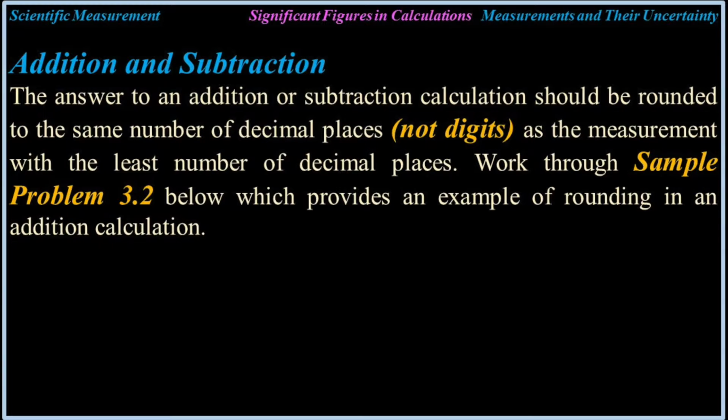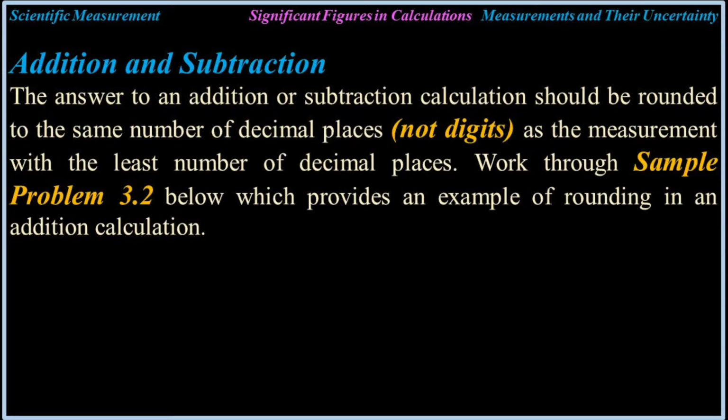Addition and subtraction. The answer to an addition or subtraction calculation should be rounded to the same number of decimal places, not digits, as the measurement with the least number of decimal places. Work through sample problem 3.2 below, which provides an example of rounding in an addition calculation.